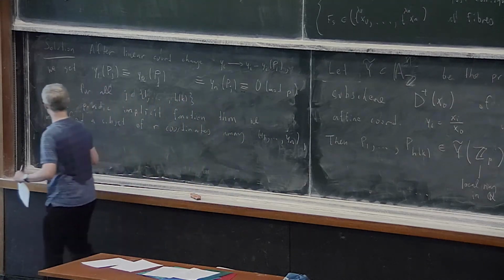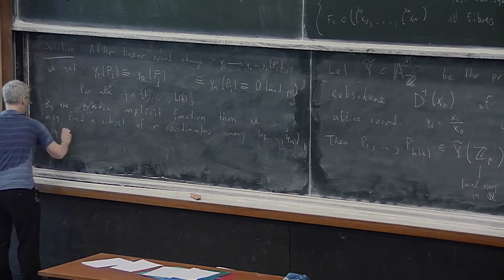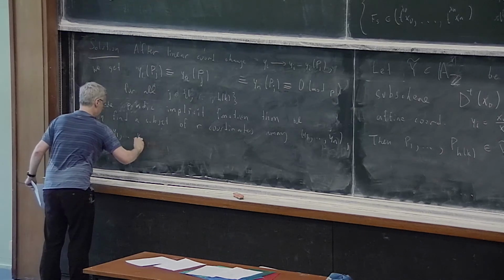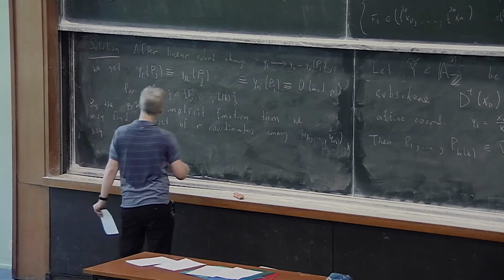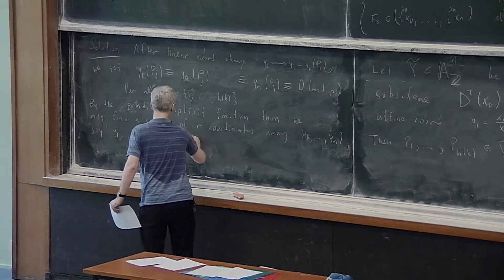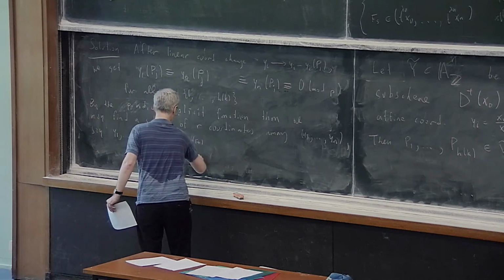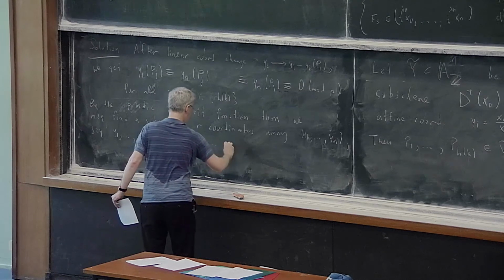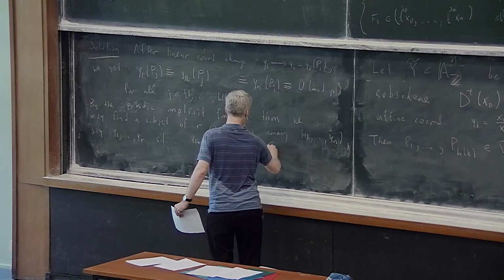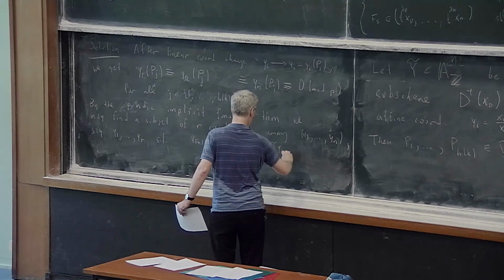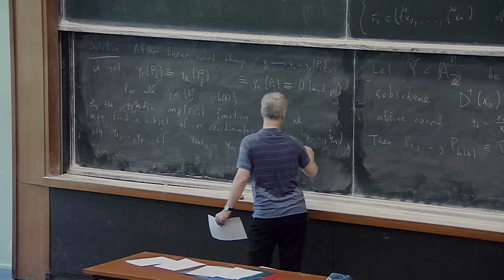So I choose the first r, say y_1 up to y_r, such that the remaining ones, r+1 up to n, the other coordinates, just lie in the formal ring of power series in y_1 up to y_r.